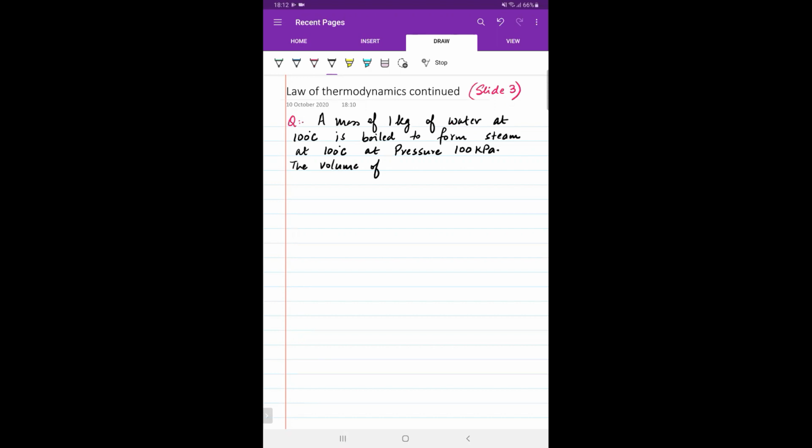The volume of water is 0.001 meter cube, and when it converts into steam, the volume increases to 1.67 meter cube.